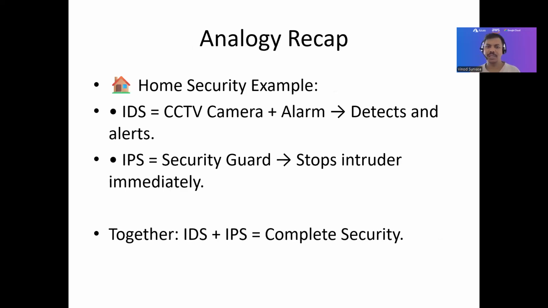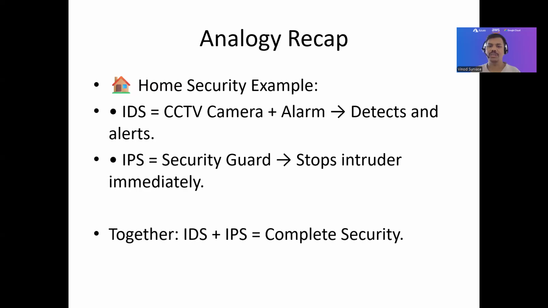Again, you can see the simple analogy with the home security example. IDS is going to be CCTV cameras plus alarms, which simply detect and alert the people sitting either in the security room or at the security gate. And then at the security gate, the security guard will stop intruders immediately, and will not allow them to enter the building itself, right?